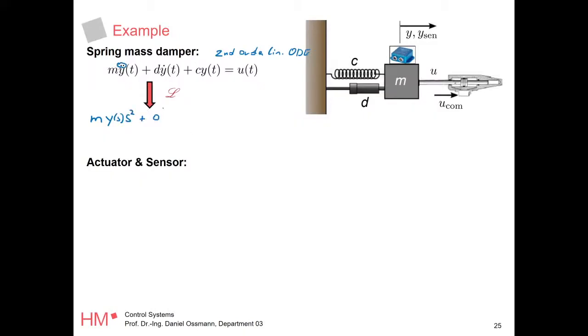This guy here is the first derivative, so we need to multiply it by s. And this guy here is no derivative, so it's simply y of s. On the other side, there are no derivatives, so it's u of s. Okay, so we exclude y.